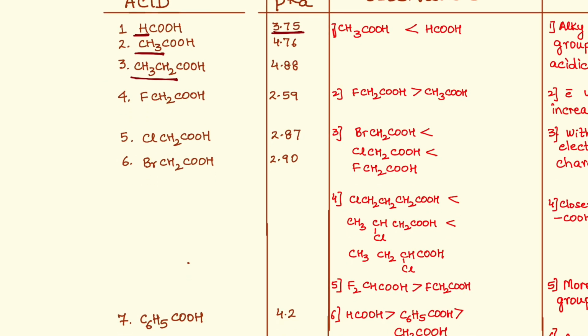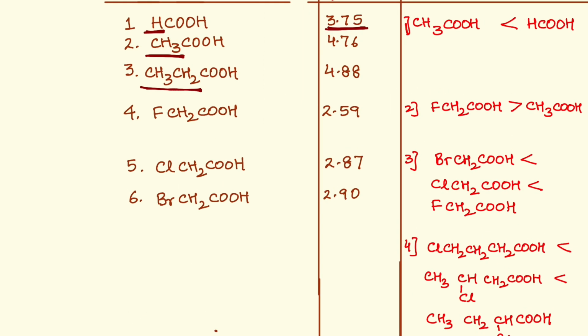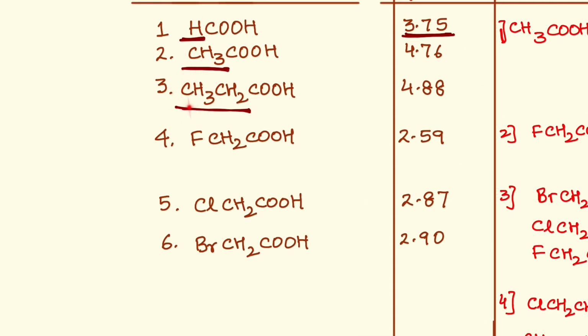Now, instead of replacing the hydrogen by an alkyl group, as we have done in the case of forming propanoic acid, so here I have CH3, I replaced one of the hydrogen by an alkyl group. Now let us suppose that we replace it by a halogen, like we have done over here.